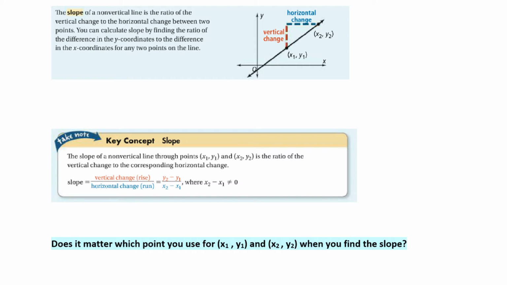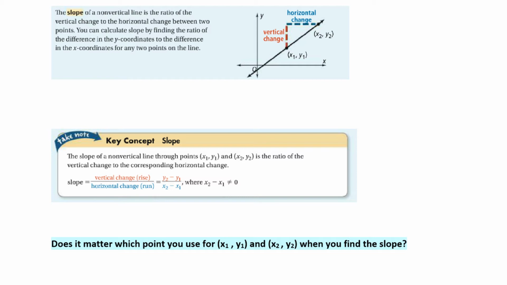The slope of a non-vertical line is the ratio of the vertical change to the horizontal change between 2 points. If we look here, we can calculate the slope by finding the ratio of the difference in the y-coordinates to the difference of the x-coordinates for any 2 points on the line.